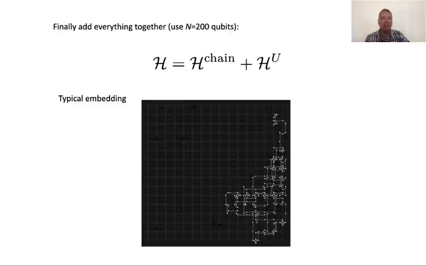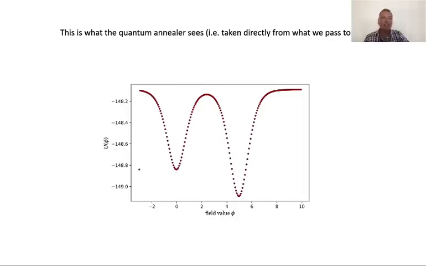So it's quite large on the annealer, but it's relatively easy for it to be embedded. Just as a check, we can see what is being passed to the annealer. We can look at the Ising model, and extract the values of the Ising model for all those different spin configurations, which correspond to different phi's, and we indeed recover the right sort of potential.